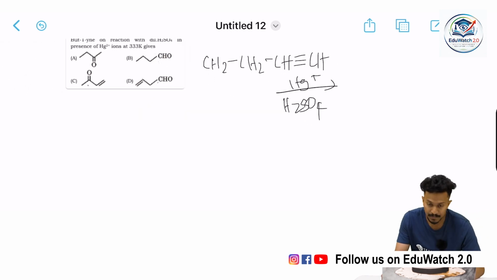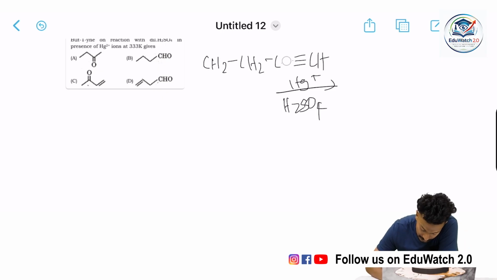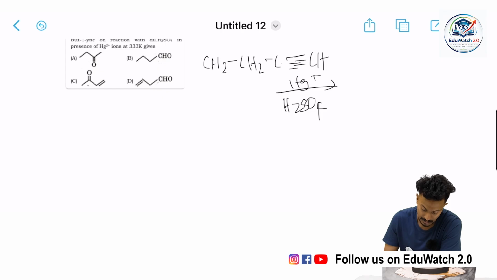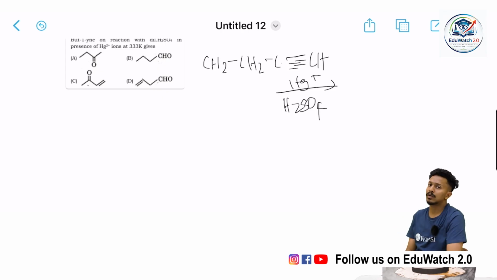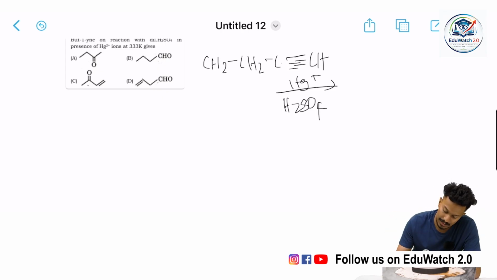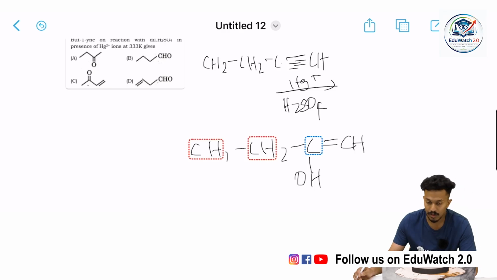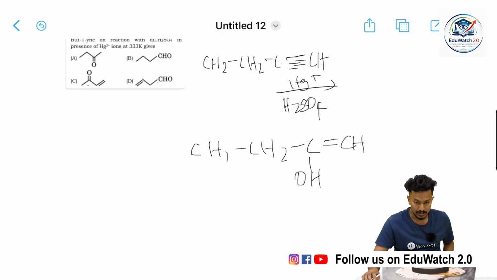There is only one hydrogen on the carbon present here, so in C triple bond CH, the negative part of the adduct goes to the carbon with the lesser number of hydrogens. We get CH3, C(OH) double bond CH2. Okay, this is our reaction.